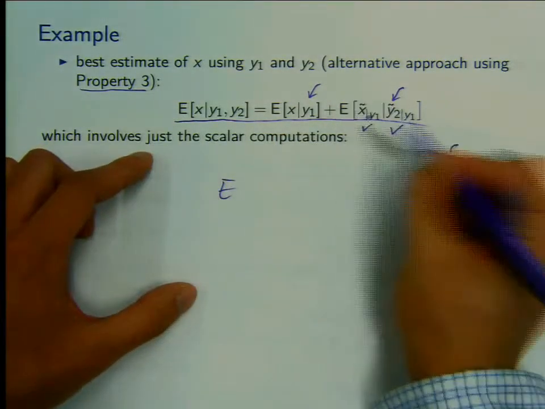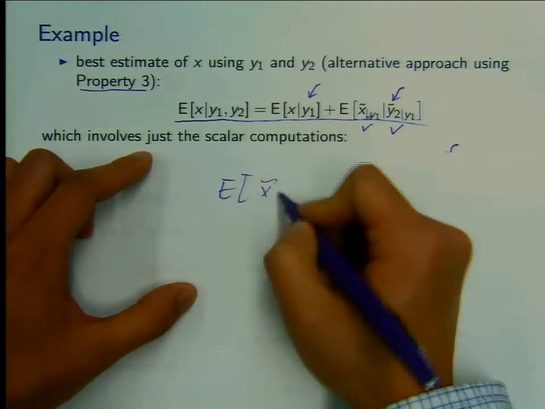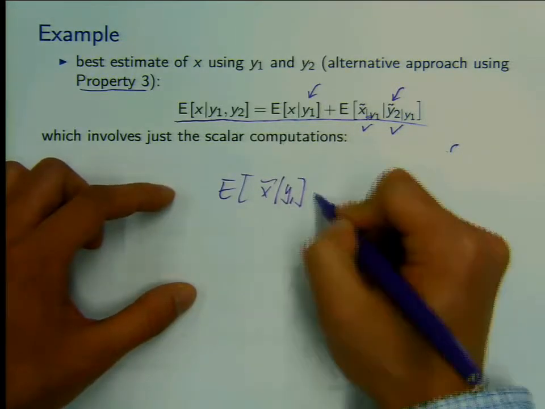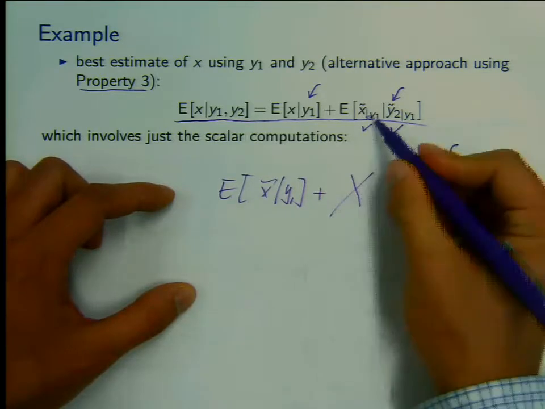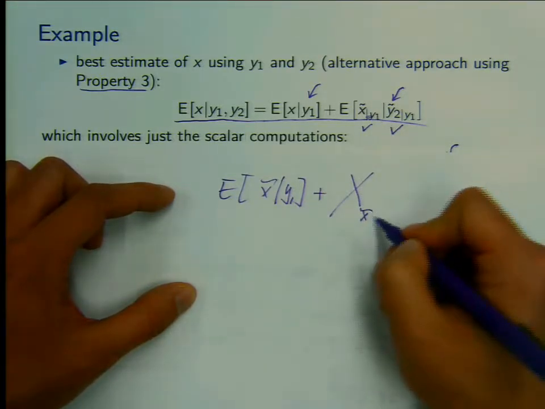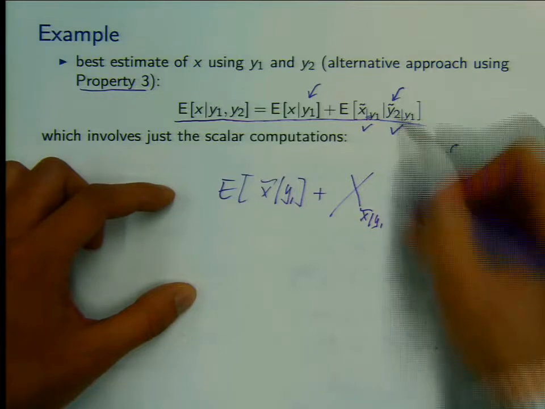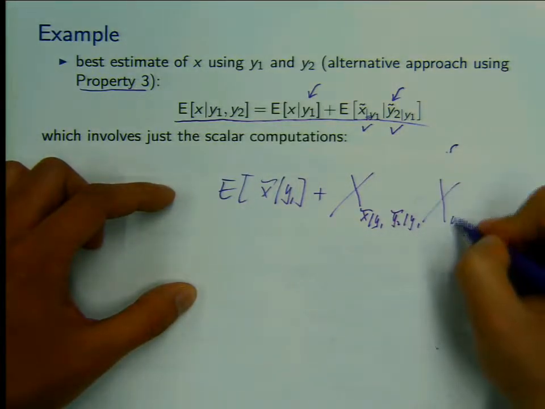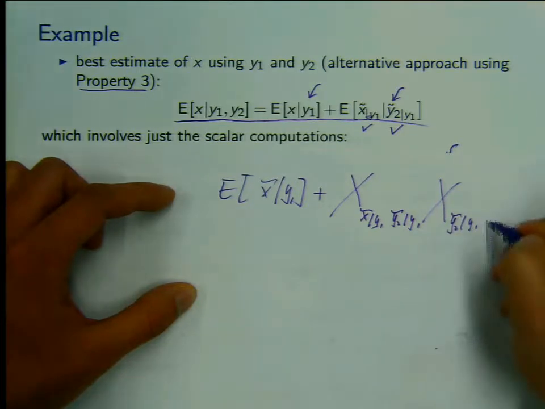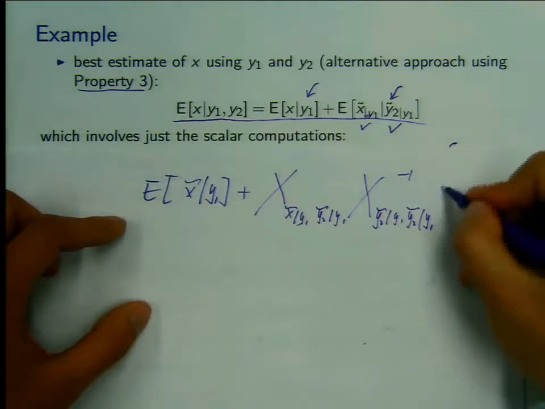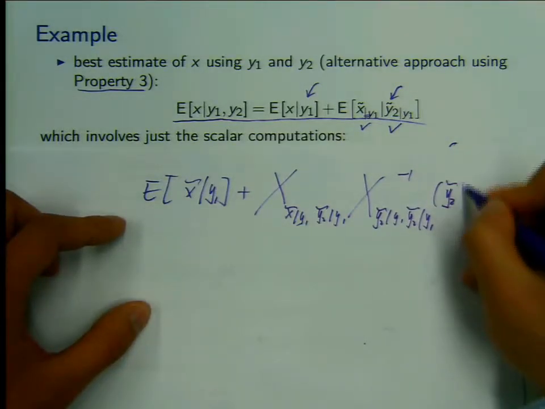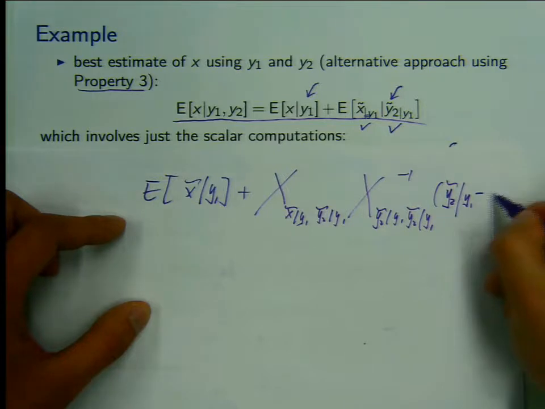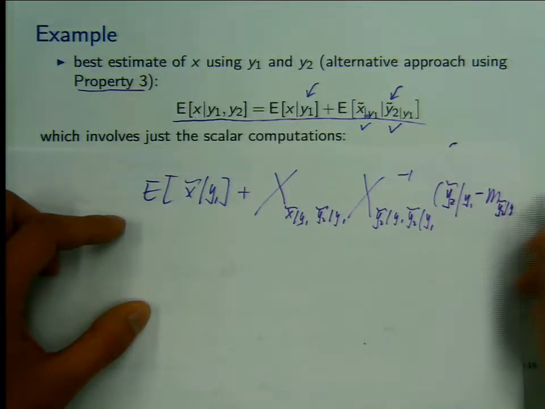This guy is going to be equal to x tilde conditioned on y1, plus the cross covariance between x tilde and y1 and y2 tilde and y1, inverse, times y2 tilde y1 minus the mean of y2 tilde y1.